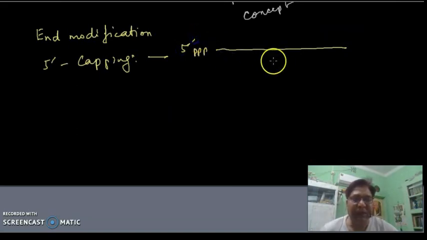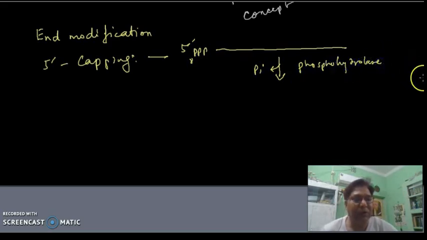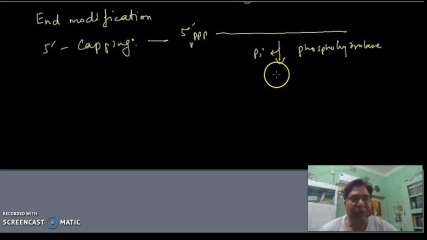The first step in 5' capping is the removal of the gamma phosphate, the last phosphate. And this is catalyzed by the enzyme called phosphohydrolase. Okay, so the gamma phosphate is removed and the RNA is now with two phosphate molecules at the end.